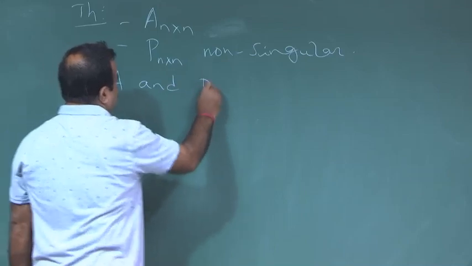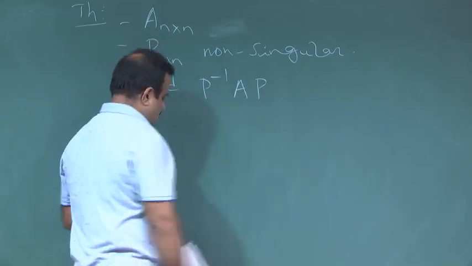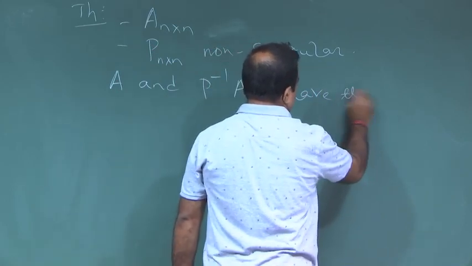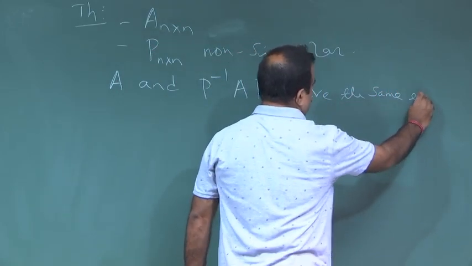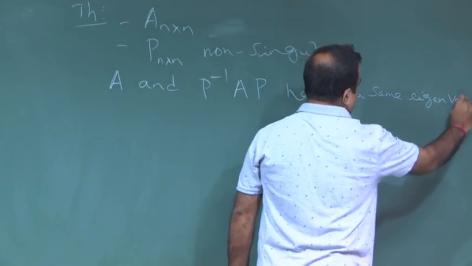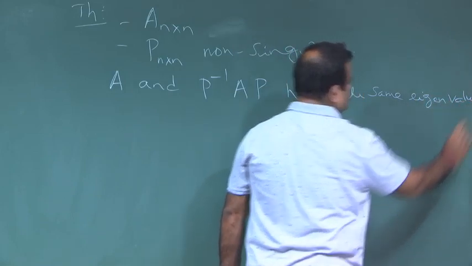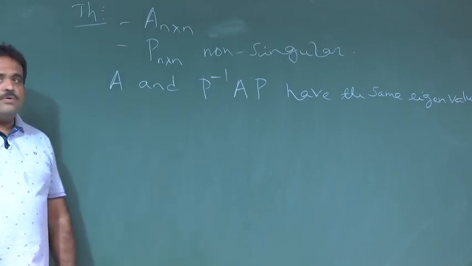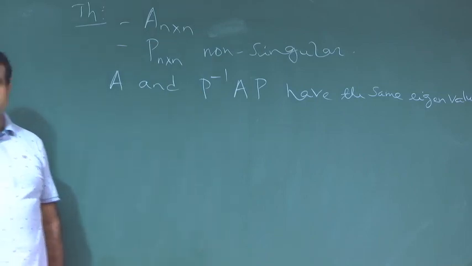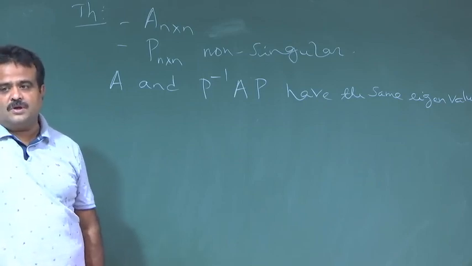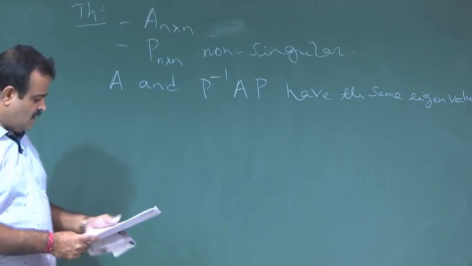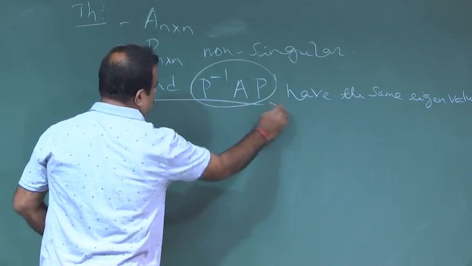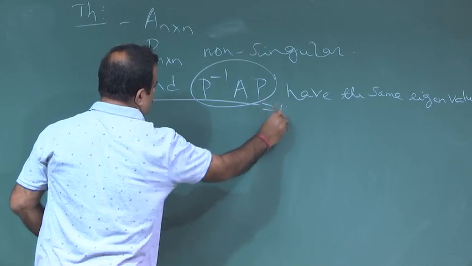A and P inverse A P have the same eigenvalues. So, how can we show that two matrices have the same eigenvalues? If their characteristic polynomials are the same. So, that we are going to achieve. This we refer to as the B matrix.